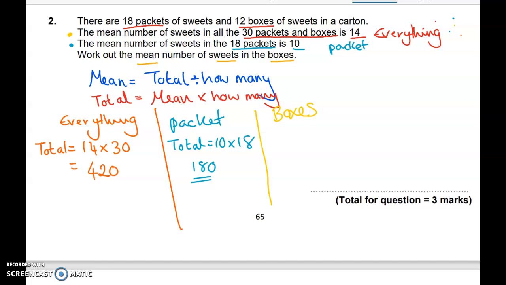Now they want us to work out the mean for the boxes. Remember the mean again is your total of all your sweets in the boxes, so it's the total of sweets in boxes divided by how many boxes.